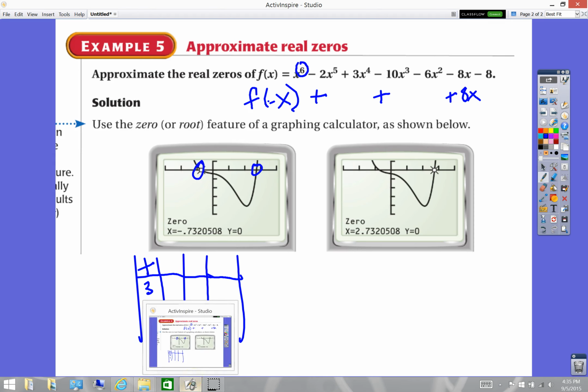But again, you can look at this now and say there would have been 1, 2, 3 changes of sign. So the table is the same one as they had in the book before. So it would appear that there's 1 negative and 1 positive, and that's it. Now it's actually a little more complicated than that.